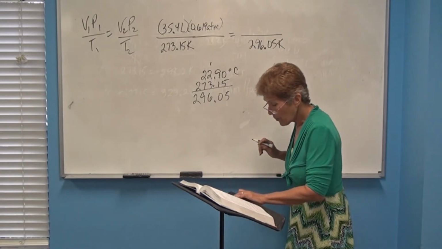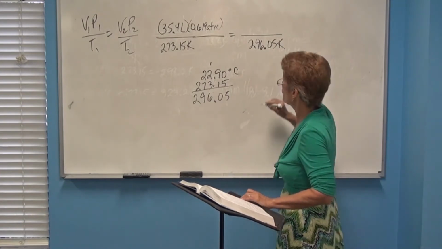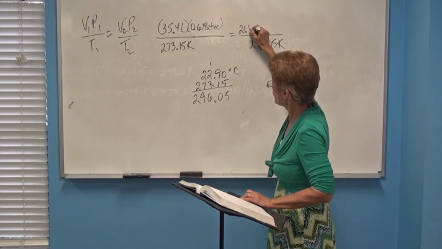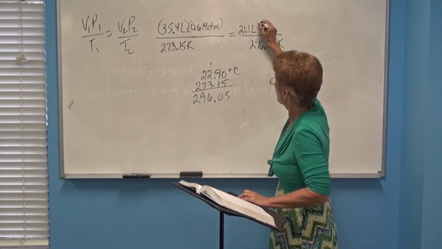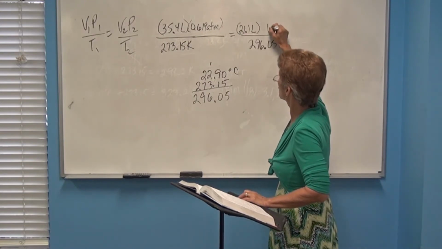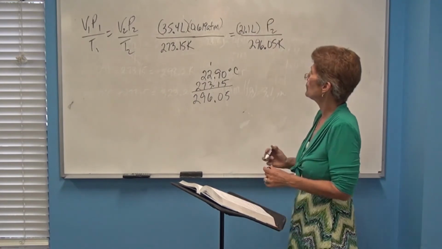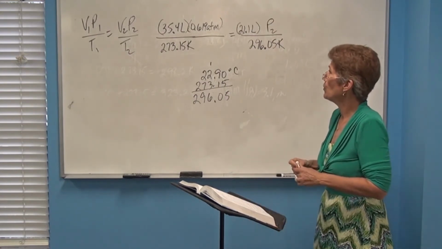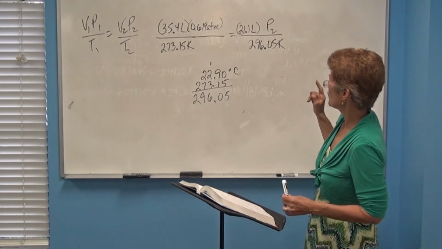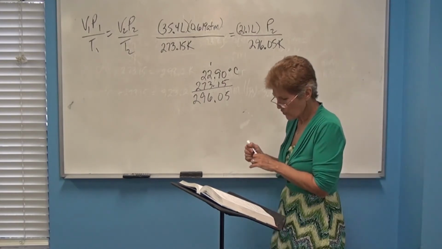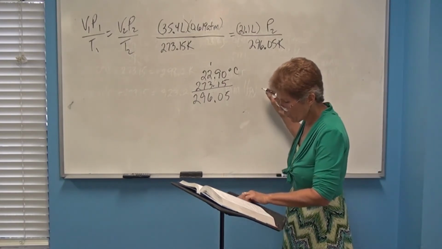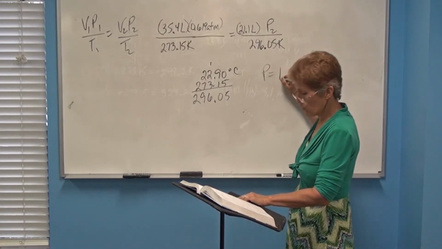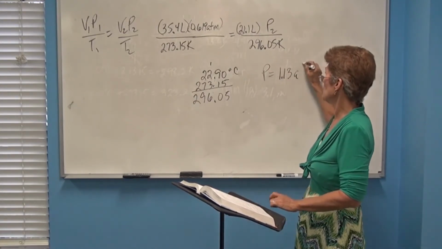Okay. Go back to the ground where temperature is that. Its volume is 21.1 liters. What is the pressure? That's what we're solving for. And so you would go ahead and do that. Looks like you have 3 significant figures. So your answer is going to be in 3 significant figures, 1.13 atmospheres.